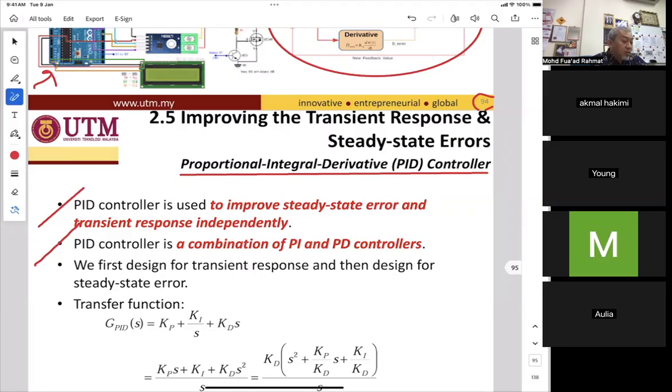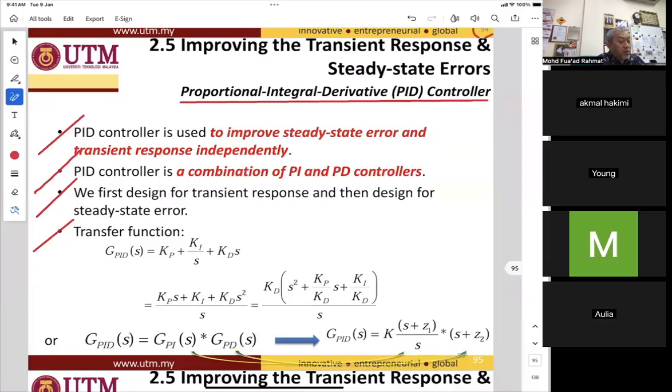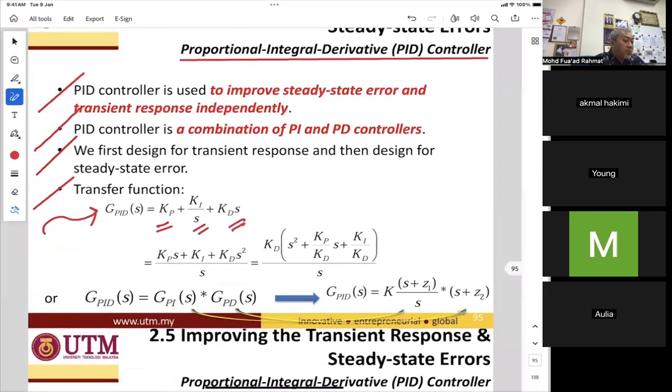So how do we design so that the transient response and zero steady state error are achieved? We look at the transfer function here, where G_PID is equal to Kp plus Ki over s plus Kd s. This is the term for the proportional, this is the term for the integral, and this one is the term for the derivative. When we combine them together, we get (Kd s squared plus Kp s plus Ki) over s.